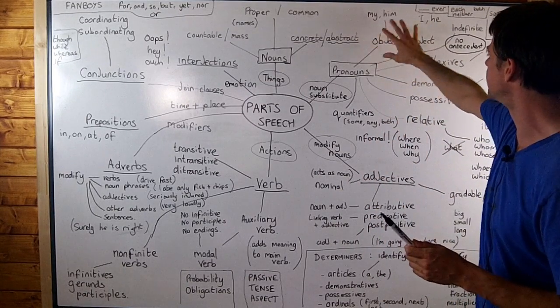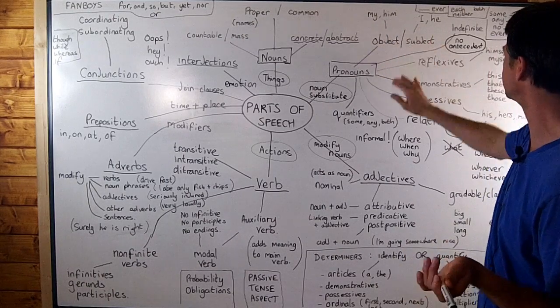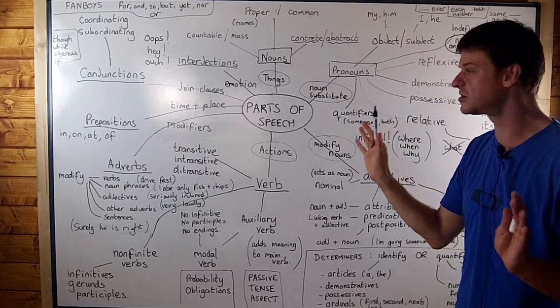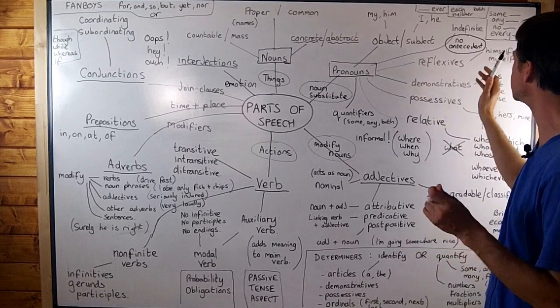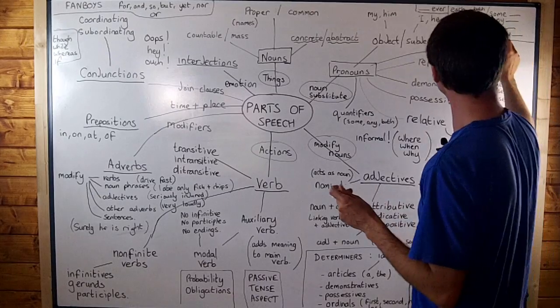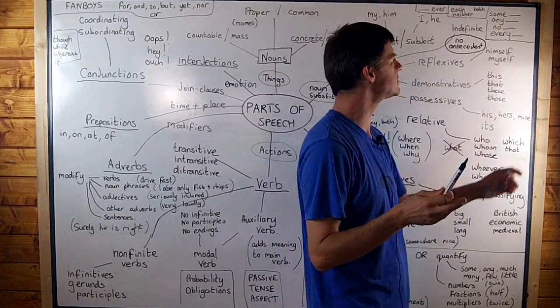So that's one type of pronoun, or well, one subcategory of pronouns: object and subject pronouns. We also have indefinite pronouns, which, as I just said, means that they have no antecedent. They don't refer to an earlier noun. These are words like something, anything, somebody, nobody, everybody.